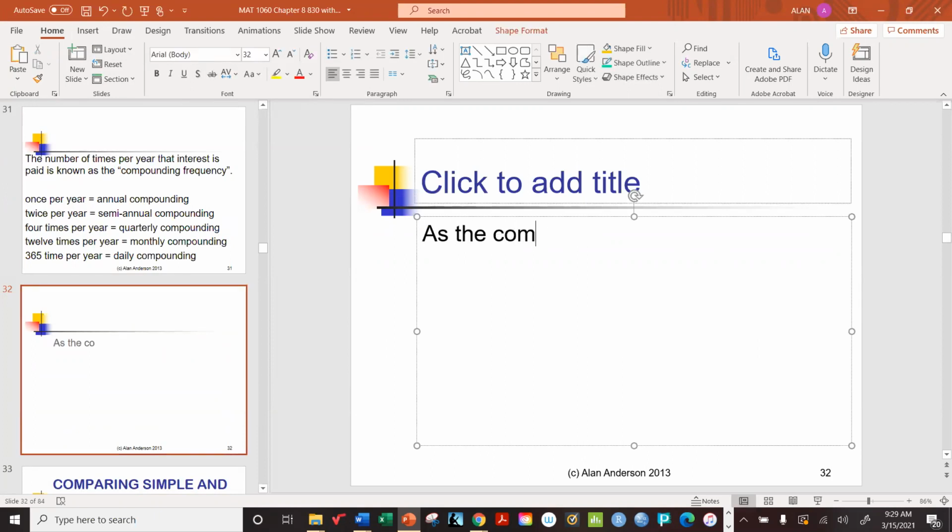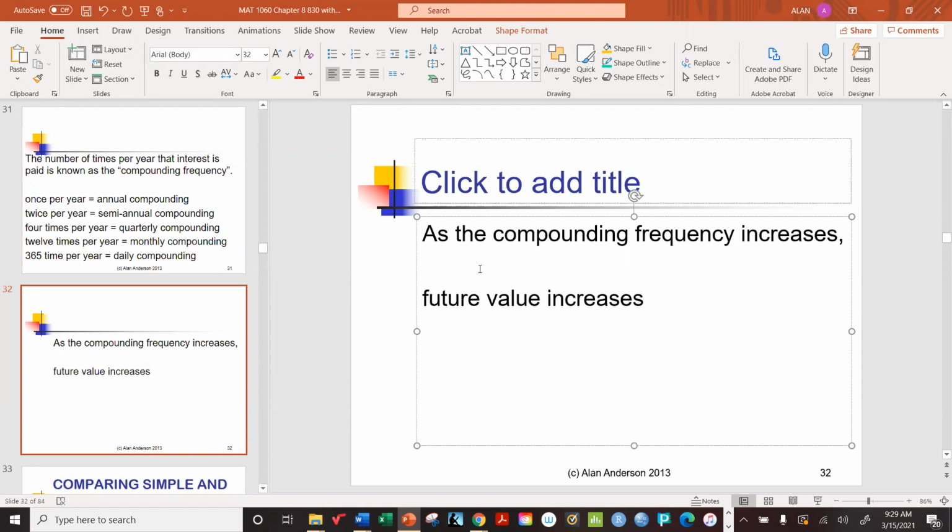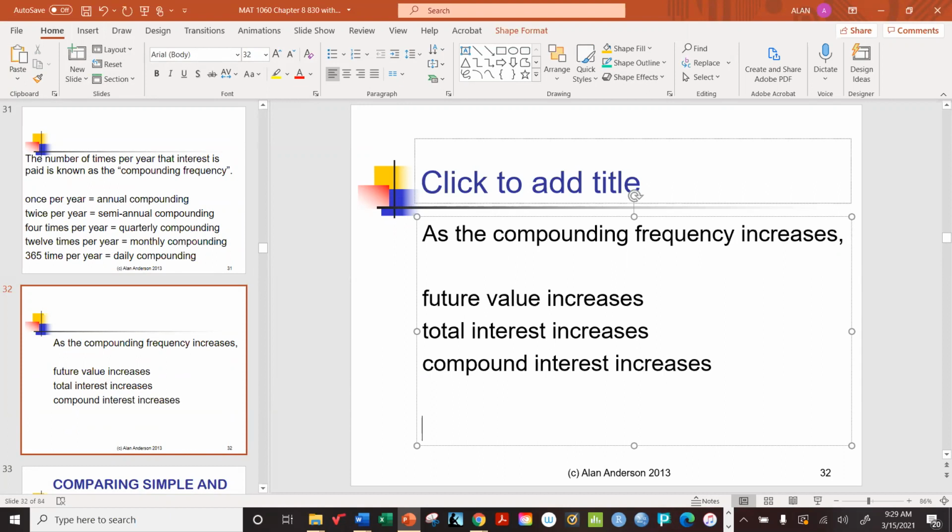As the compounding frequency increases, the total, the principal increases, or future value, I should say, total interest increases, compound interest increases, but simple interest never changes.